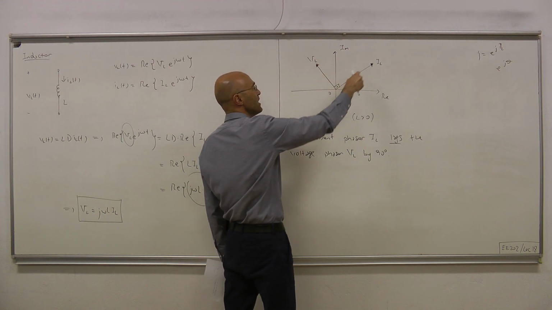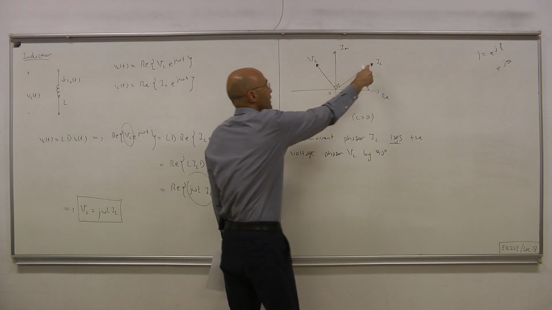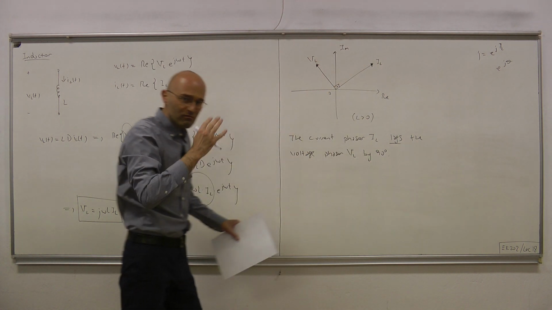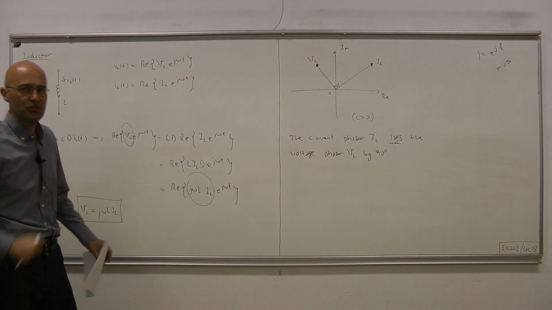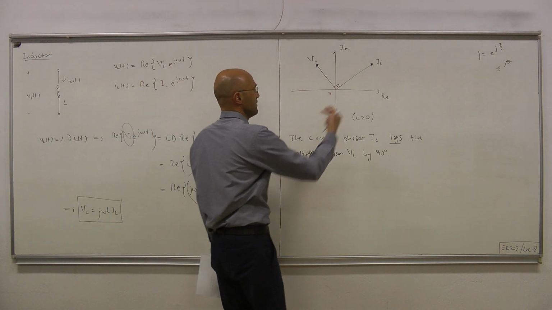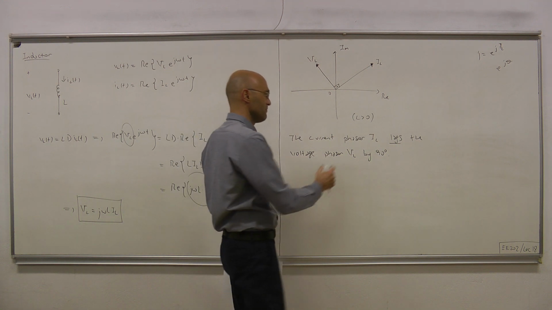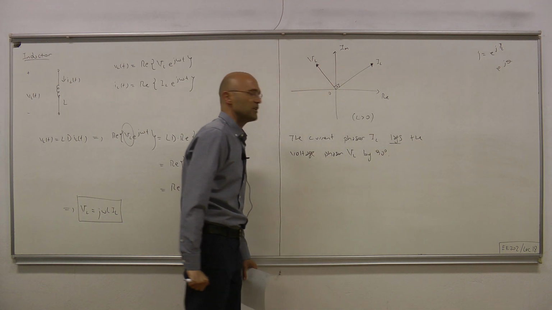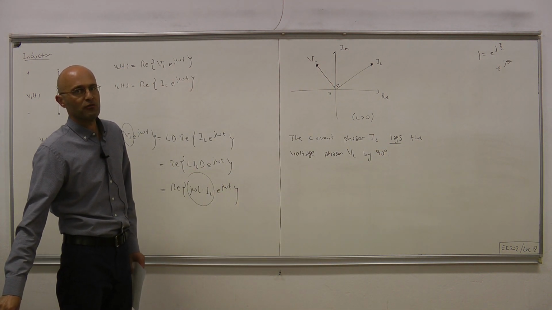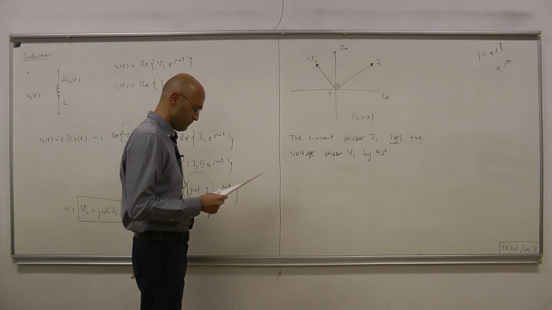And when that's the case, it appears as if the current is running behind the voltage, trying to catch it. That's why, because it looks behind, of course everything is relative, the current is said to lag the voltage for this case by 90 degrees.